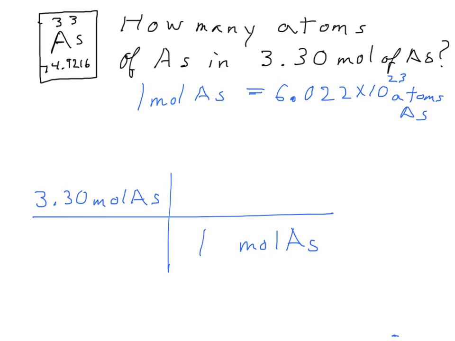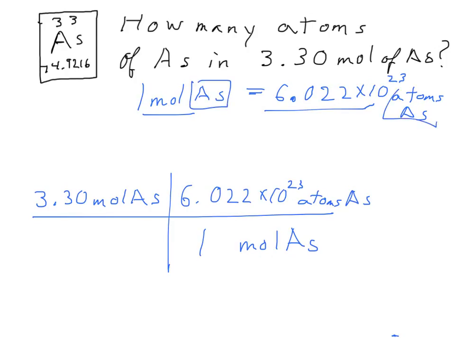So 1 mole of arsenic is 6.022 times 10 to the 23rd atoms of arsenic. Why is that? It's by definition of the mole, right? That's the definition. 1 mole, 6.022 times 10 to the 23rd. Since our frame of reference is arsenic atoms, that's where we can attach those units.